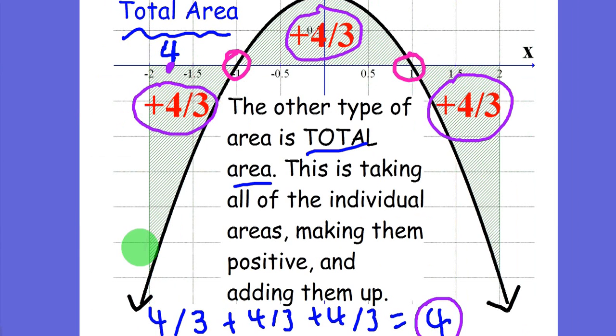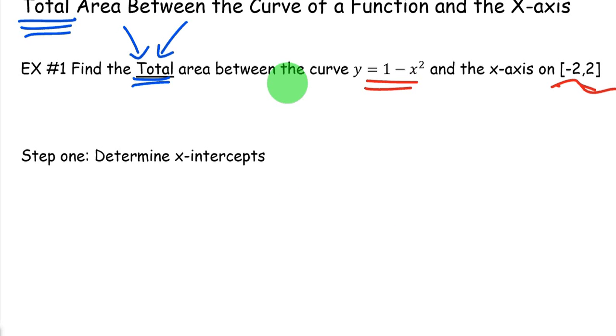So basically just flipping whatever is below the x-axis as far as area goes, making it positive. What does it mean to make something positive? It means absolute value. So you see absolute value whenever you're talking about total area. So the first thing we need to do is find those x-intercepts so we know what to flip.